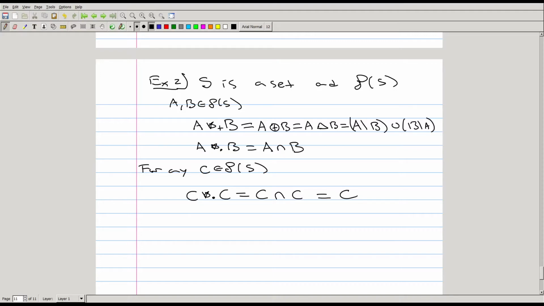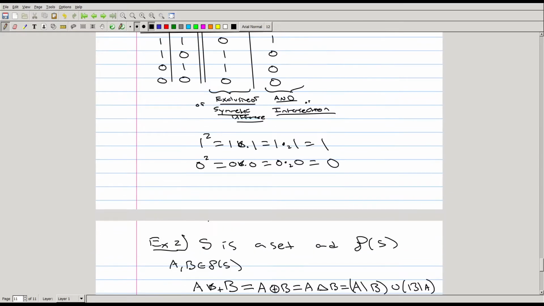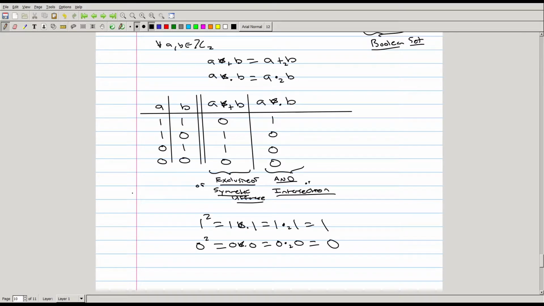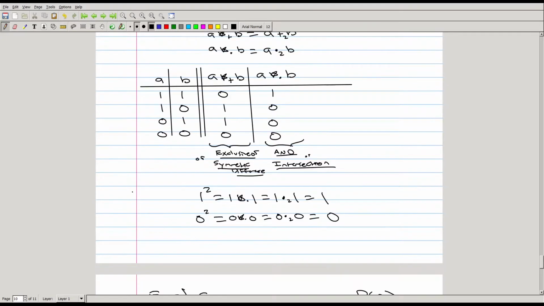So for any set, we have a Boolean ring, which is a pretty neat example, and it shows a very, very close relationship between rings and fundamental logic, and also rings and basic set theory.